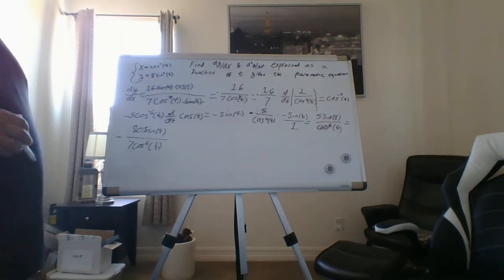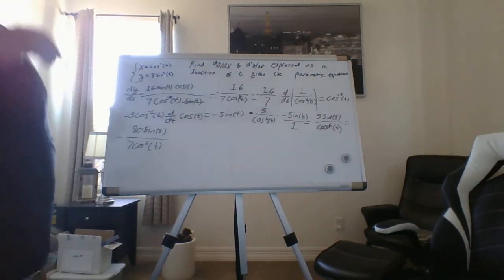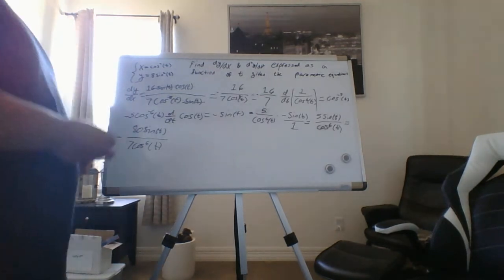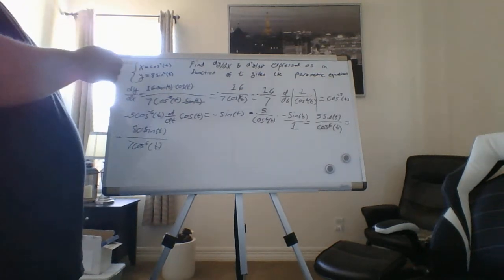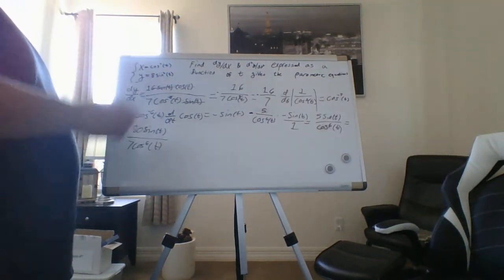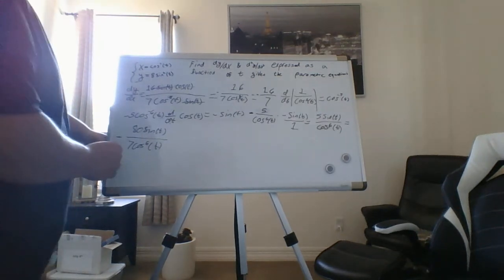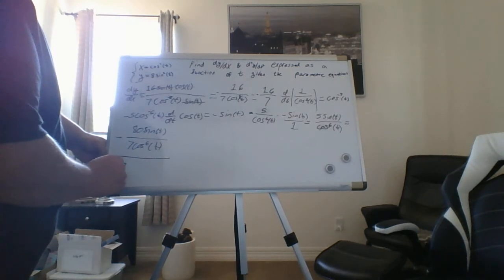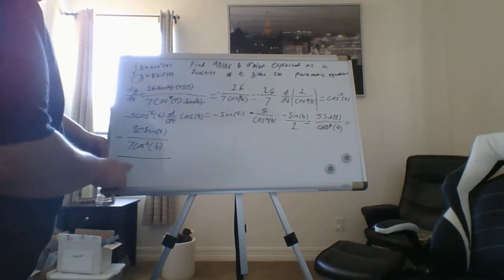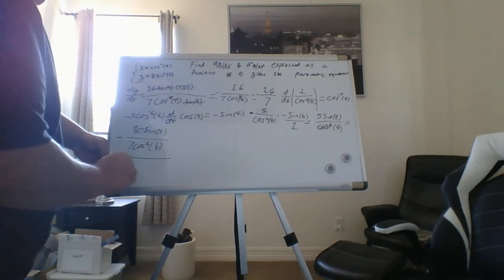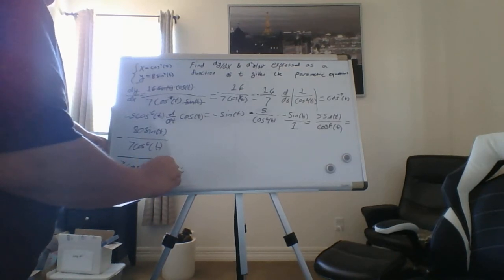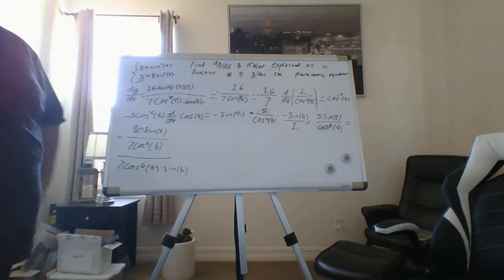Now, in order to get the second derivative, this is not the only thing we have to do, unfortunately, because of parametric equations, nothing's ever easy, like it was in Calc 1. So what we have to do is take the derivative of this x right here, cosine to the 7th, which, if you don't remember, was in fact negative, or let's just put 7 cosine 6 t times sine of t, which is awesome.